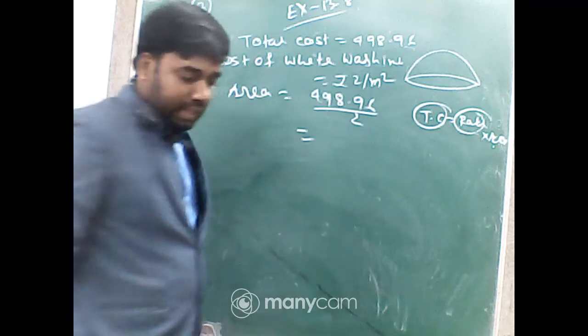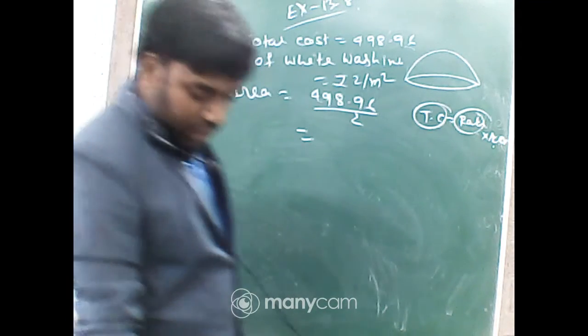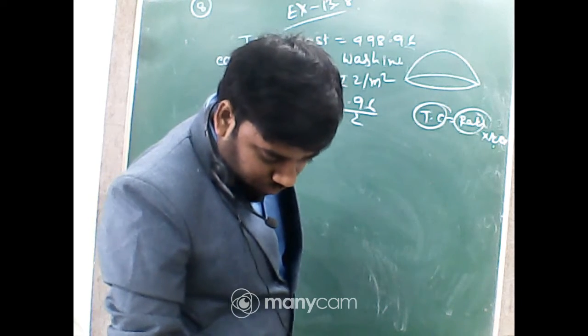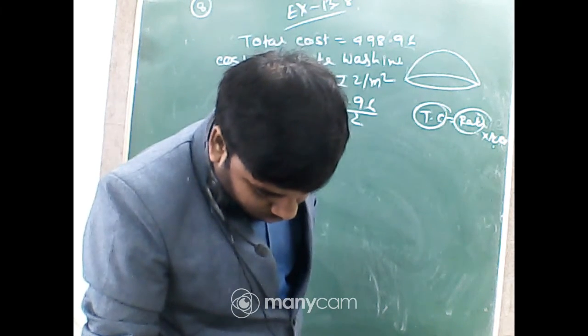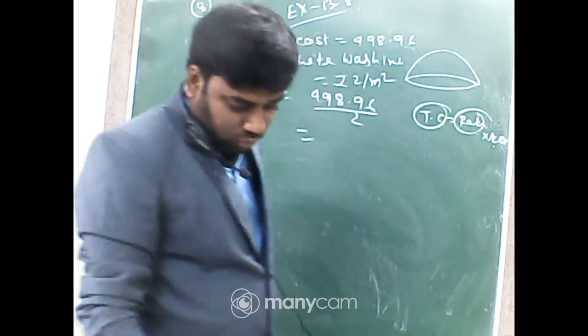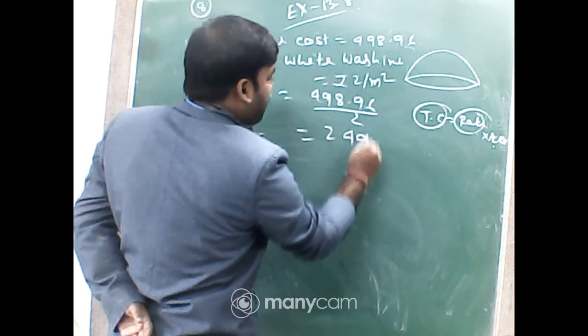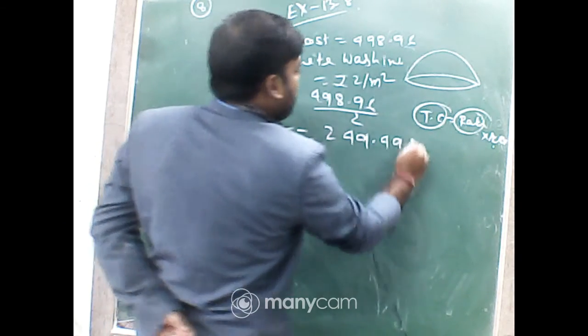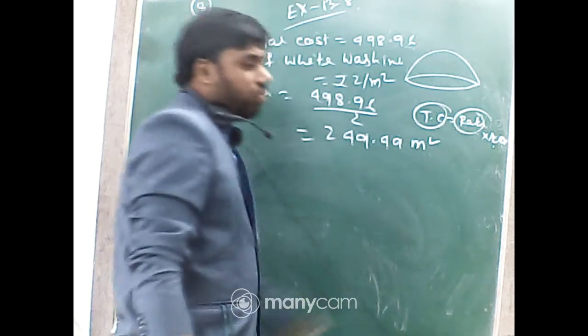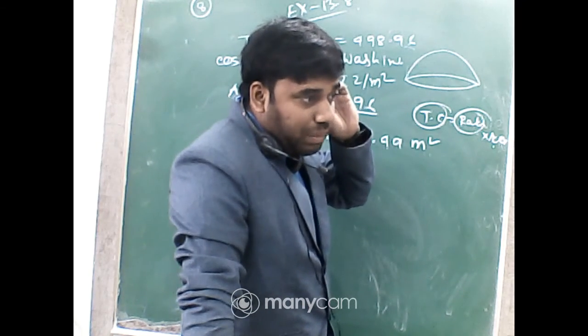Calculate it quickly. What will be the value? 249.49 meter square. So the area of the dome is 249.49 meter square.